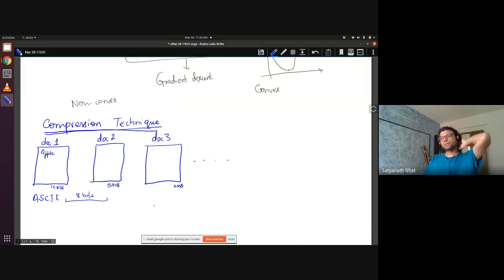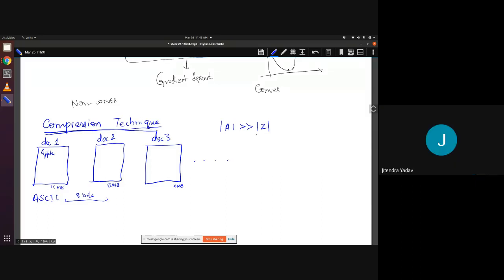Now I will tell you the idea. You can then read up on it later. Most of the letters in the English alphabet, at least you will agree, the number of times you see the letter A will be much higher than the number of times you see Z. Jitendra, do you agree? Yes, sir, obviously.